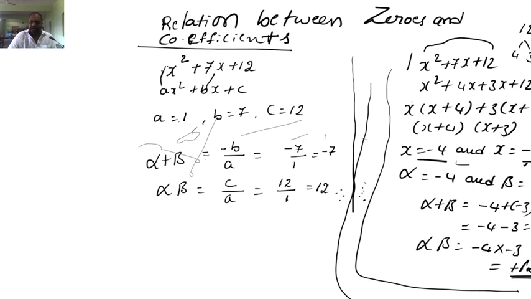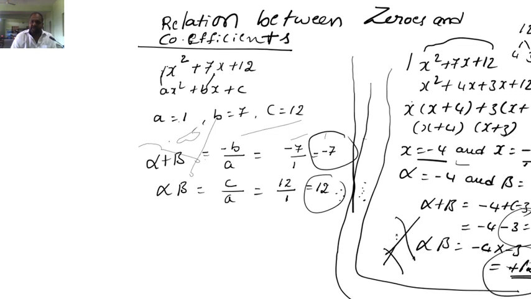So doing all this simplification is not necessary. Simply alpha plus beta is equal to minus b by a and alpha into beta is equal to c by a. We will get the sum and product. Sum means minus 7, and product is 12. This is only for understanding purpose.